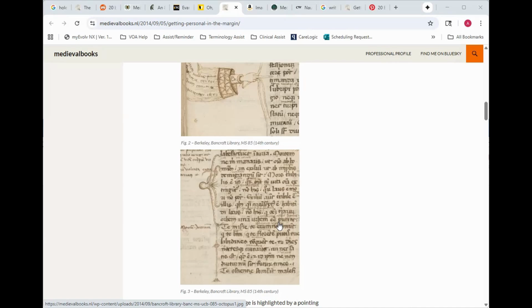They are another good way if you have just a word missing in your text, or even just a letter. You can put just a little tiny mark that just says, hey, come up here, like you would if you were correcting, and you can even do it with a different color ink, and you don't have to scrape and you don't have to try to put that back in.